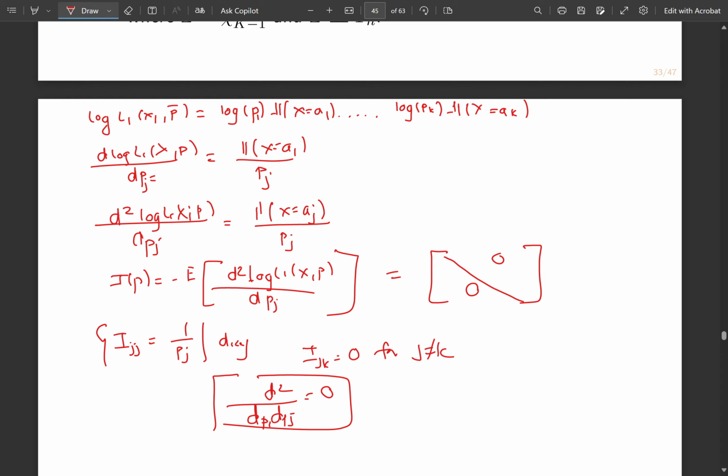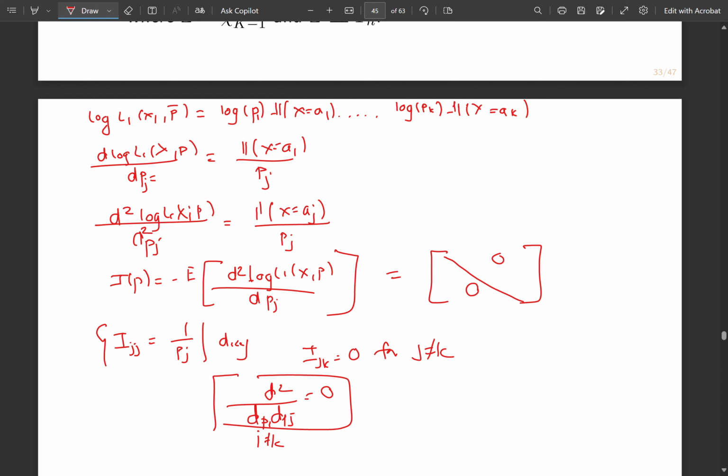Whenever we take two derivatives here, and j and k are different, then it's going to be 0. That's what we are saying here. Now we know that this Fisher information is a diagonal array where off diagonal elements are 0 and diagonal elements are non-zero.